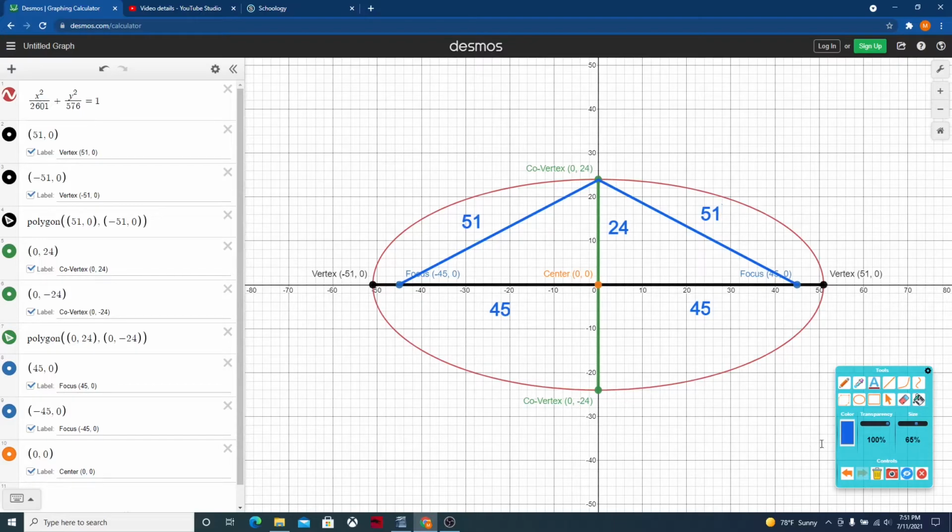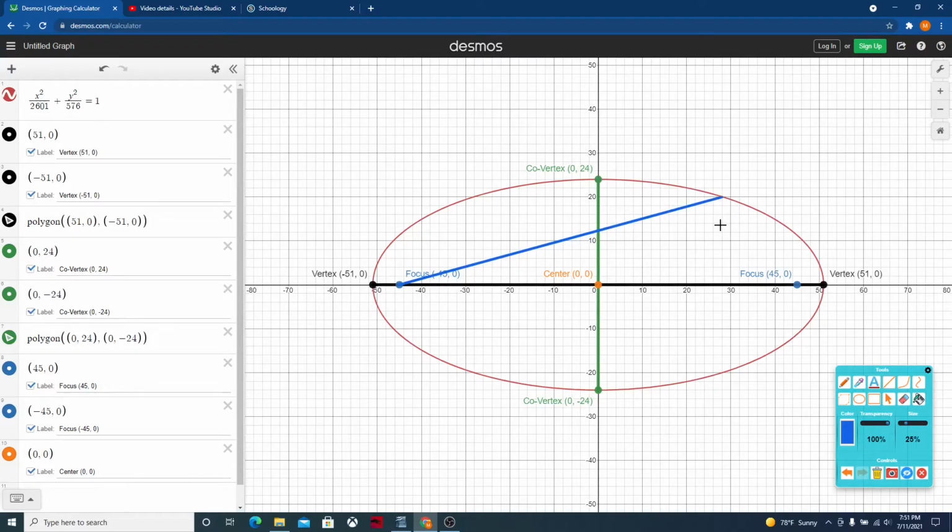So let's clear all of this and consider another triangle, one that's not isosceles, but we're going to draw it from the foci again. So we're going to go from the focus, and let's go over to, say, this point right here. I'm not sure exactly what the coordinates of that point are, but it doesn't quite matter.